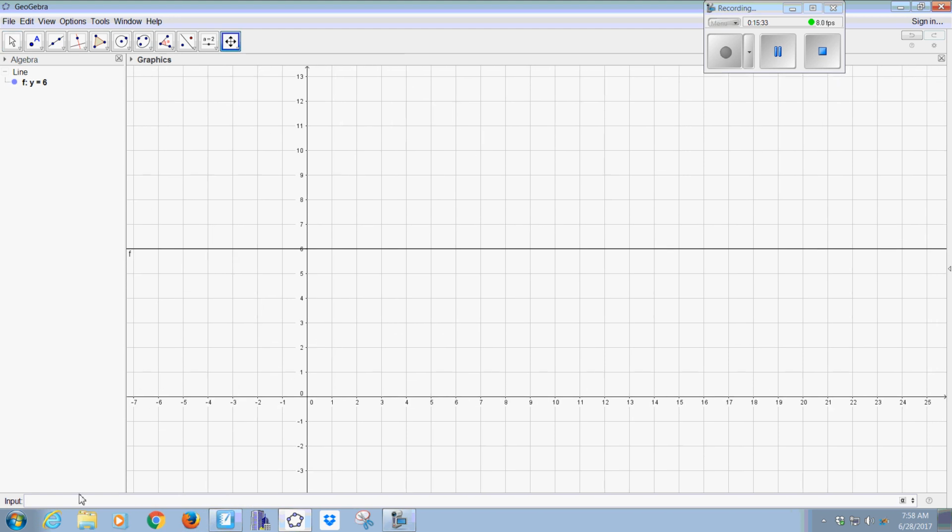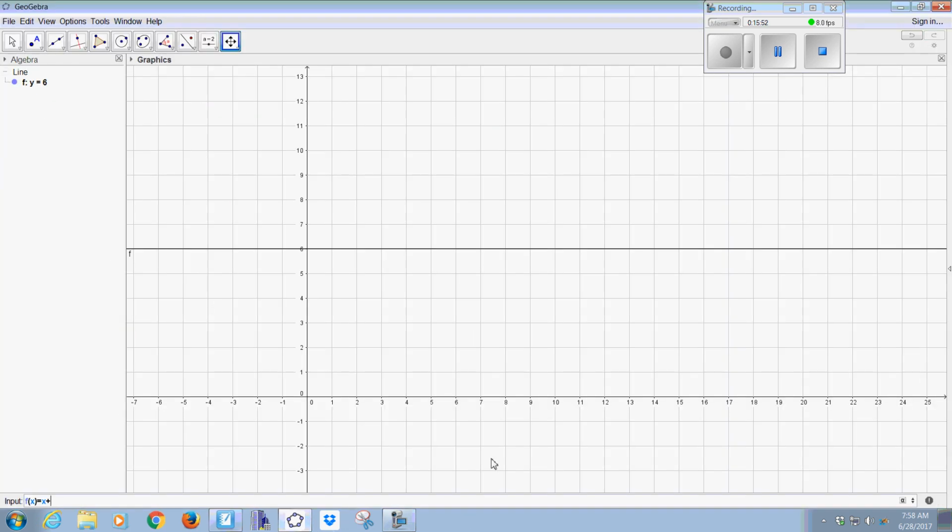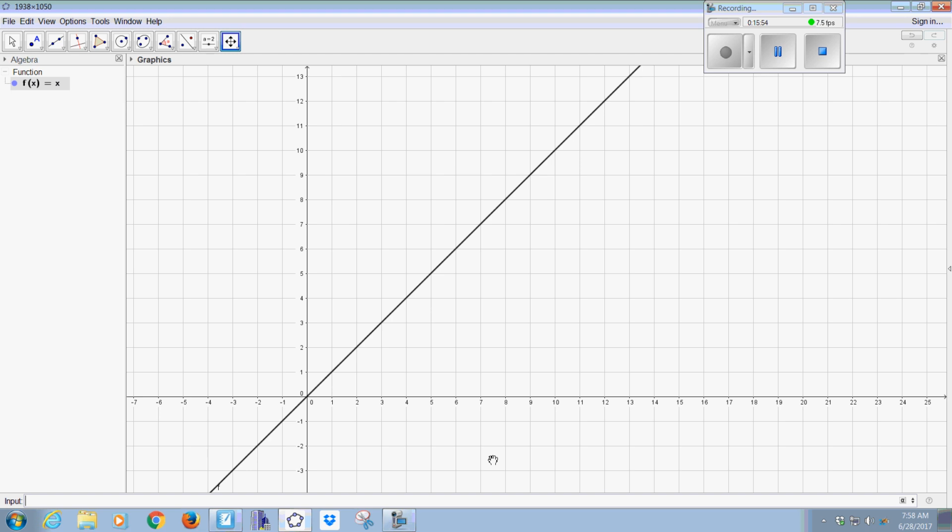And now I'm going to graph the left side of this equation, which is x plus the square root of x, what was it, x plus 4 or x minus 4? Let me take a quick peek. X plus 4, okay. Let me start over. f of x equals x plus the square root of x plus 4.